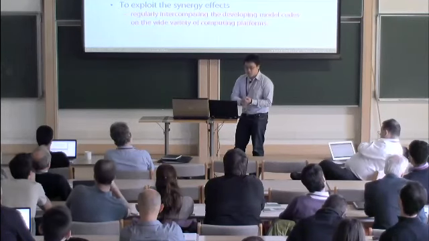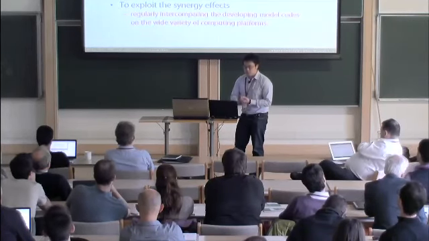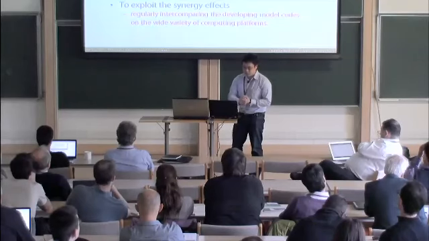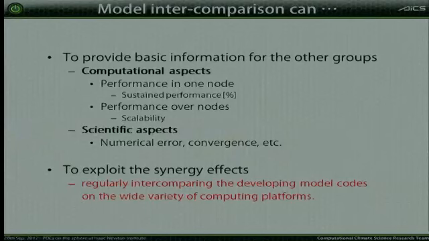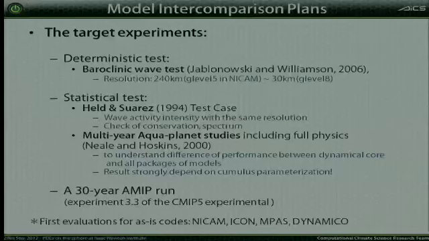The scientific aspects include the numerical error or the convergence of the computation. And model intercomparison also exploits the synergy effect, by regularly intercomparing the developing model cores on a wide variety of computer platforms. So this is our plan.